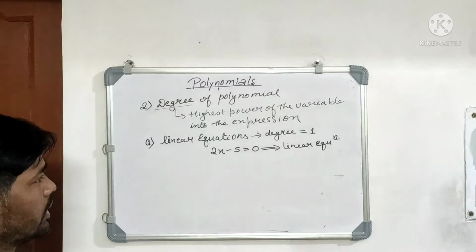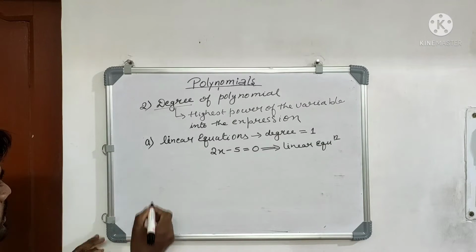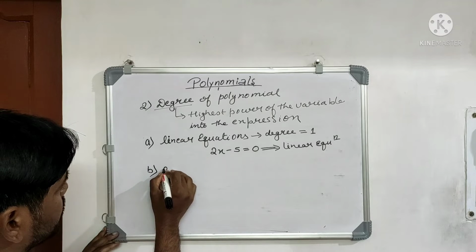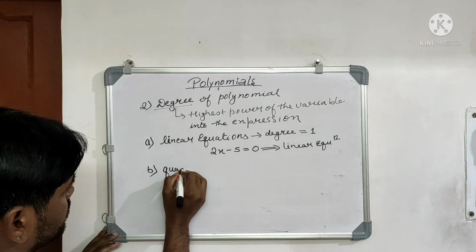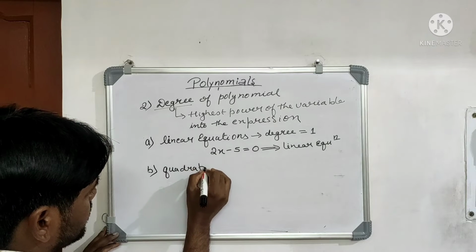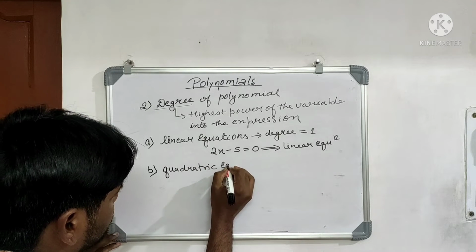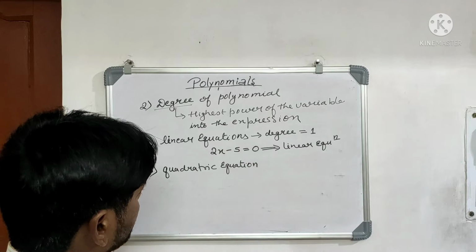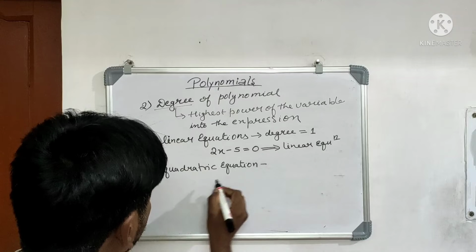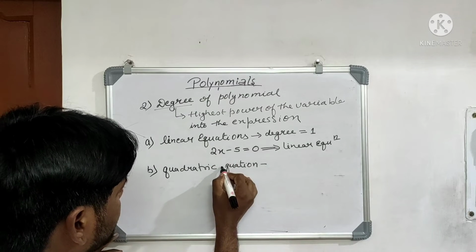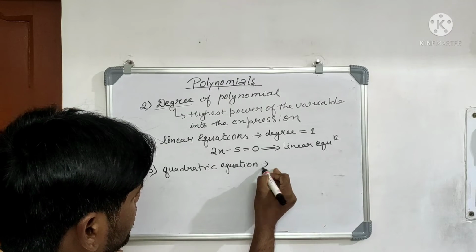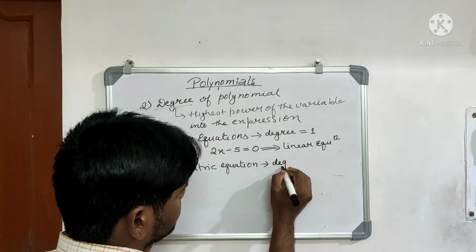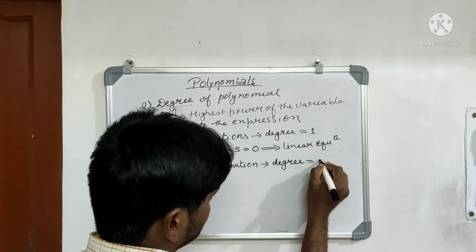Is it clear? Now moving on to the next category, that is the quadratic equation. The quadratic equation can be defined as the equation which has a degree equal to 2.